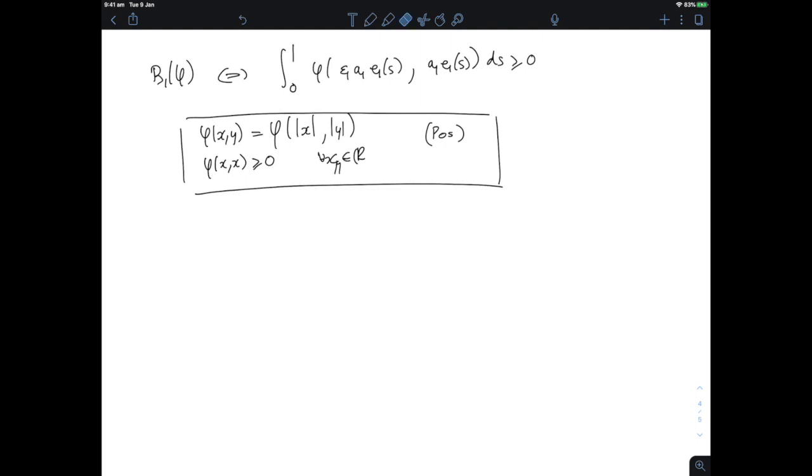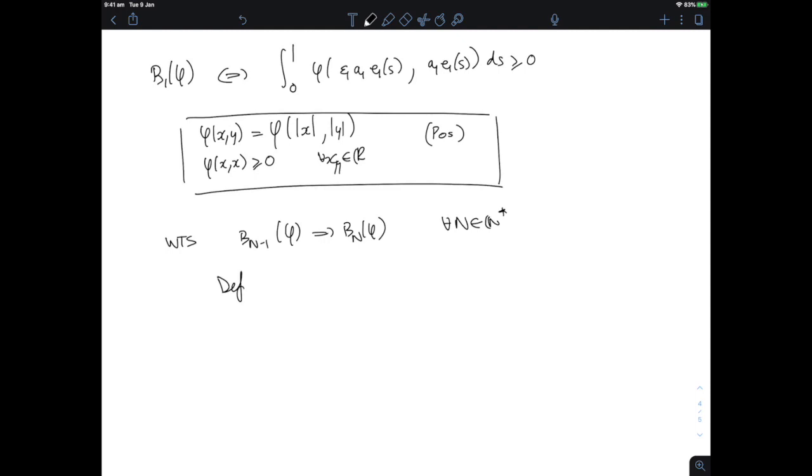Okay, now if B1 holds and I want to prove Bn for all n by induction, all I need to prove is that Bn minus 1 phi implies Bn of phi for any n non-zero. Now there's another nifty idea here, which is, in order to prove this induction statement, we're going to embed it into a continuous family of similar statements in order to bring in calculus methods.